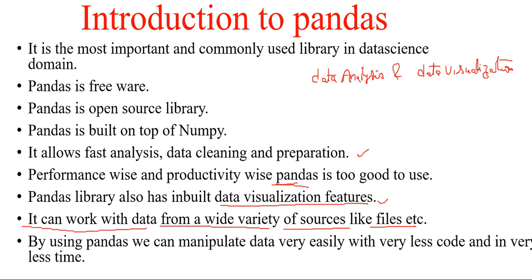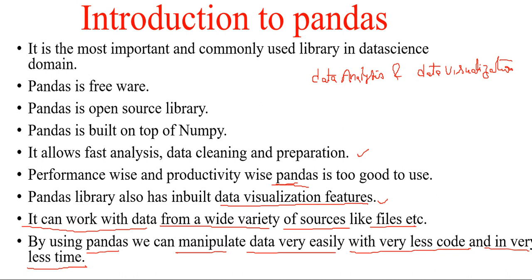By using Pandas, we can manipulate data easily with less code and in less time. That is the most fascinating feature of Pandas. With the help of Pandas, you can manipulate the data very easily with simple code and simple syntax. You can analyze a lot of things hidden in the given data set.